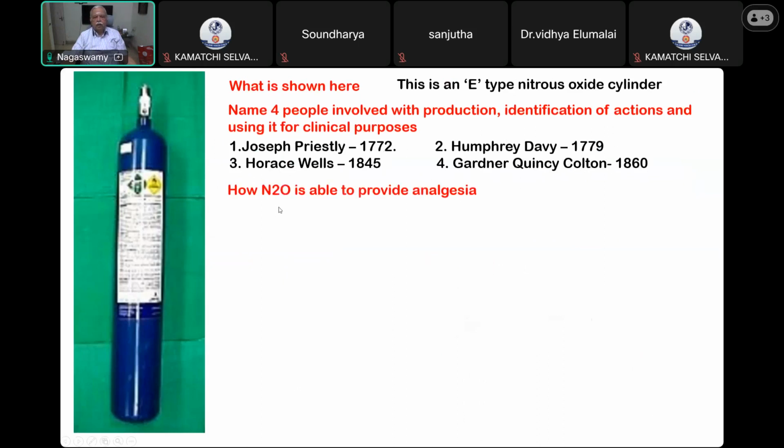How is nitrous oxide able to provide analgesia? What is the mechanism of its pharmacology? All of you know that nitrous produces analgesia, and we use it in labor analgesia also as Entonox. But what is the mechanism by which it provides analgesia?